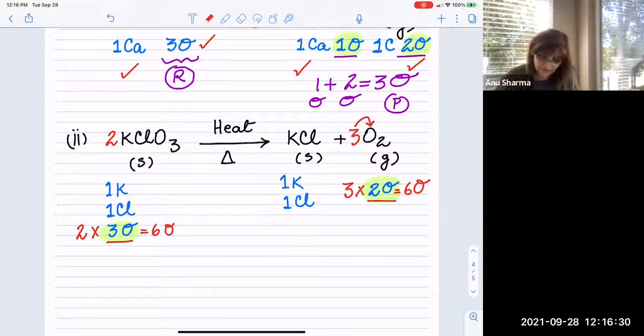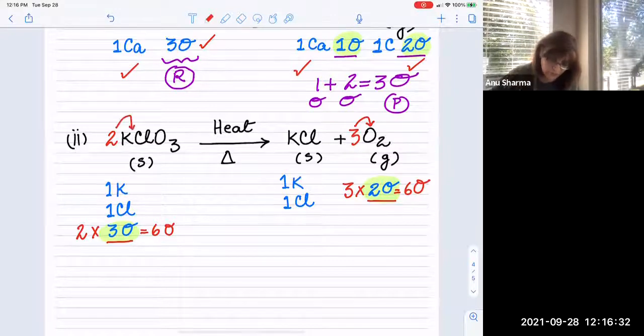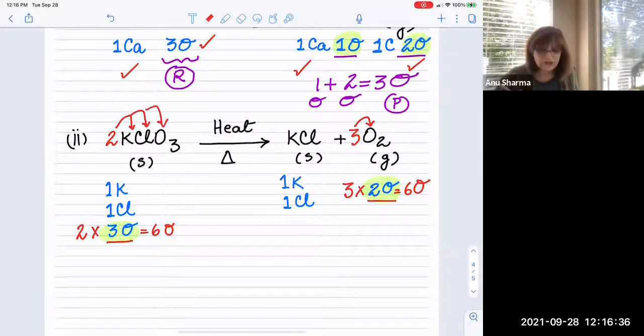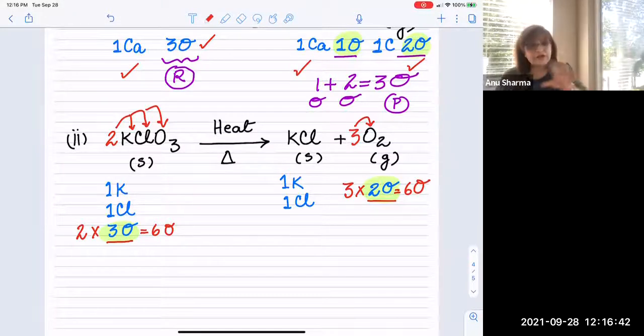Next is potassium. Now remember that this 2 applies to potassium and this 2 applies to chlorine, and this coefficient applies to oxygen. So the whole idea was to balance the oxygen, but it tips the scale. It's just like you balance food in the grocery stores, right? Sometimes you have to balance the scale, you remove things, you add things.